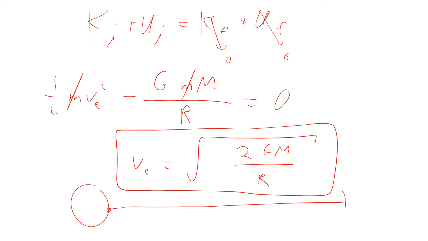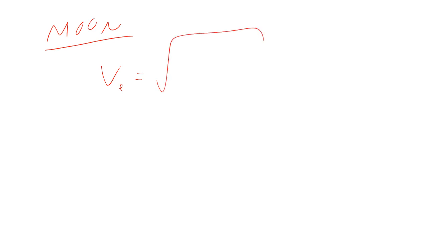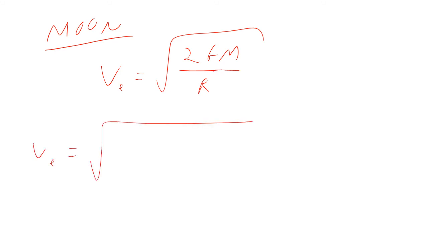Now we have an equation that gives us the escape velocity of something, so we ought to be able to solve for things. Let's find the escape velocity of the moon. I know the escape velocity is the square root of 2GM over r, so I just plug in the values for the moon. We did this in a previous problem. G is 6.67 times 10 to the minus 11 newton meter squared per kilogram squared.